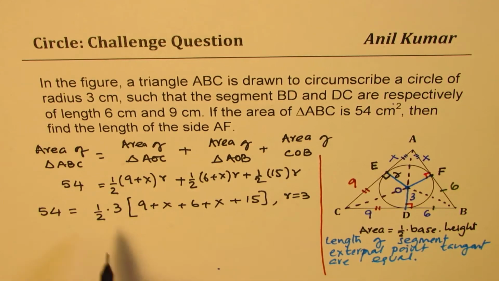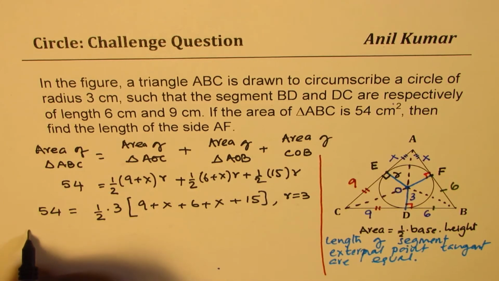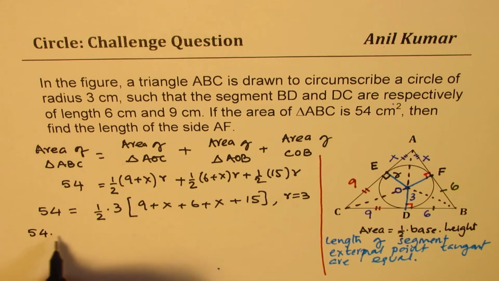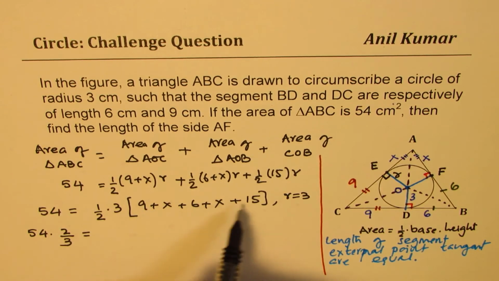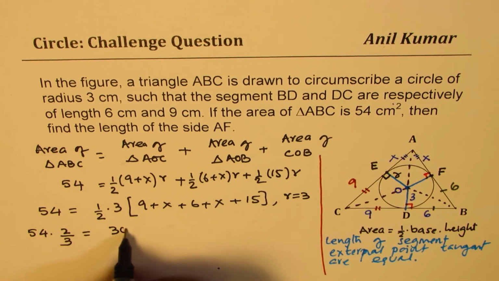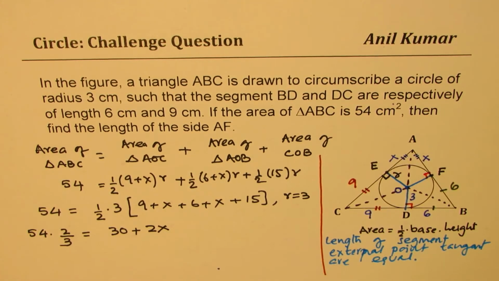This question can be done without a calculator. Times 3 over 2 equals, let's add them: 9 plus 6 is 15, plus 15 is 30. So we get 30 plus 2x.